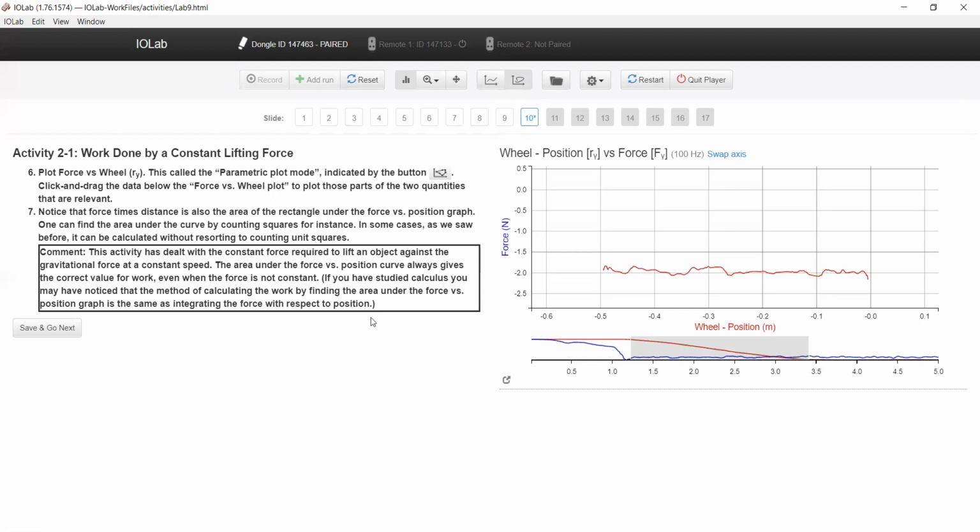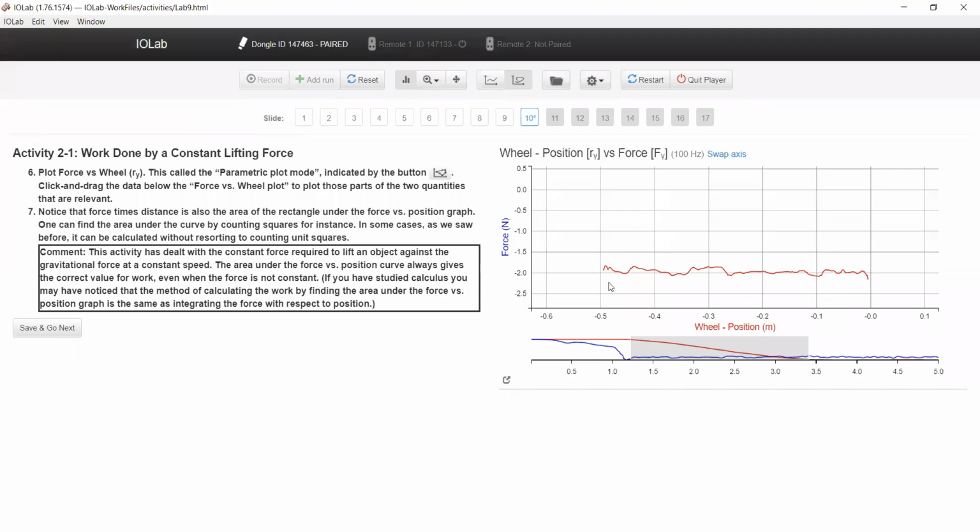Then it says force times distance is also the area of the rectangle under the position graph. One can find the area under the curve by counting the squares, but it might be difficult. So the area of this rectangle will give us the work done, because force times distance is the work done, and that is effectively the area.